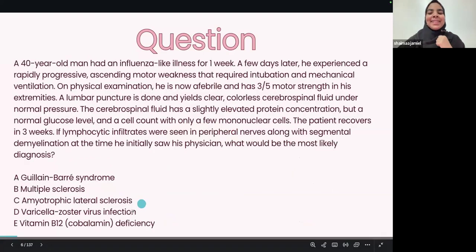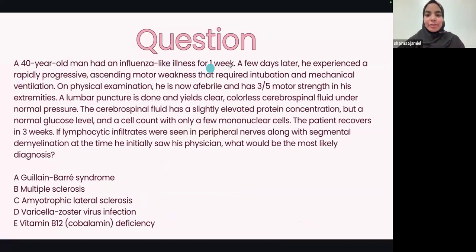Okay. Now, next question. A 40-year-old man had an influenza-like illness for 1 week. A few days later, he experienced a rapidly progressive ascending motor weakness that required intubation and mechanical ventilation. On physical examination, he is now afebrile, has 3 out of 5 motor strength in his extremities.